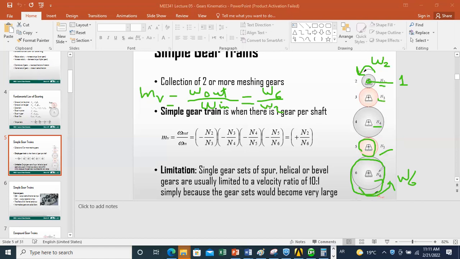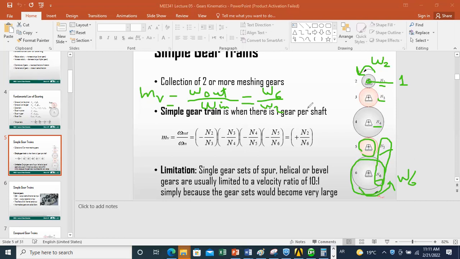So we need to link the ratio of angular velocities to the ratio of numbers of teeth. We already know that the ratio of angular velocities is inversely proportional to the ratio of numbers of teeth, because the number of teeth is proportional to the pitch radius or pitch diameter of your gears.